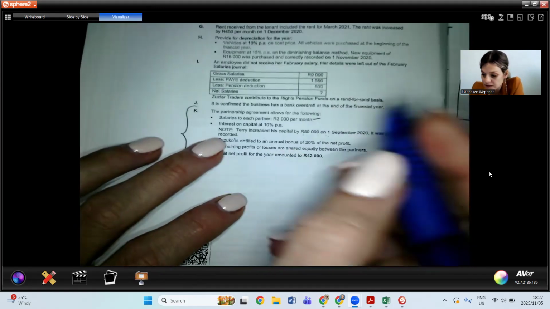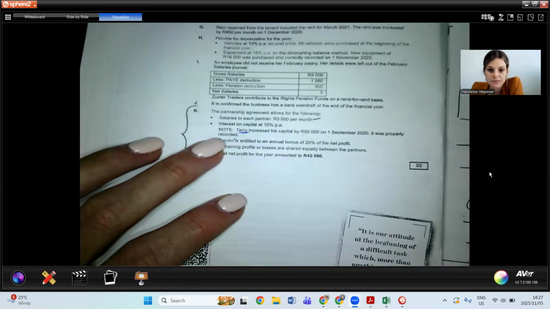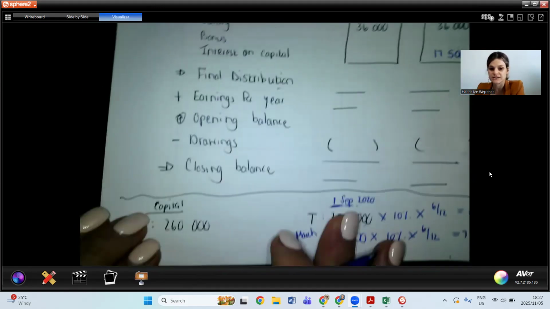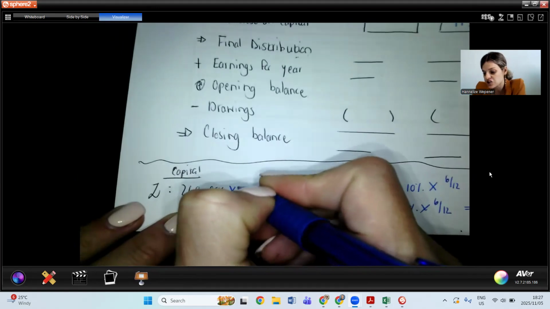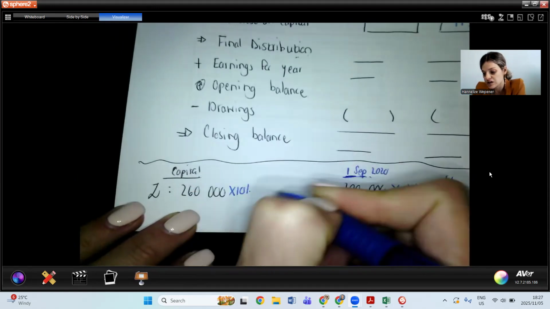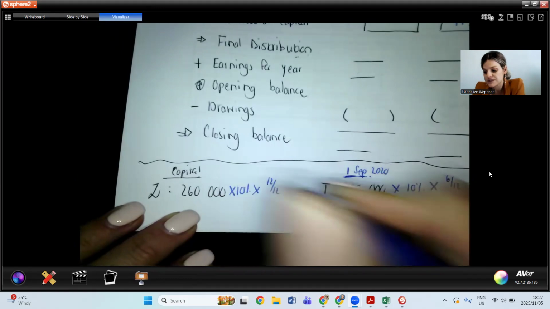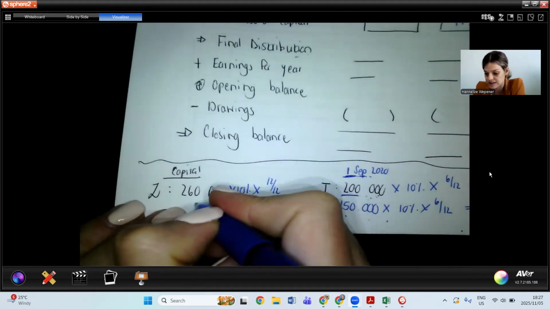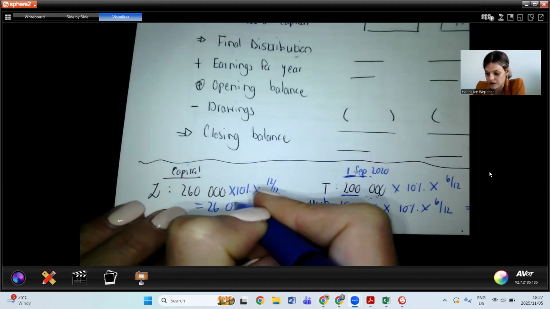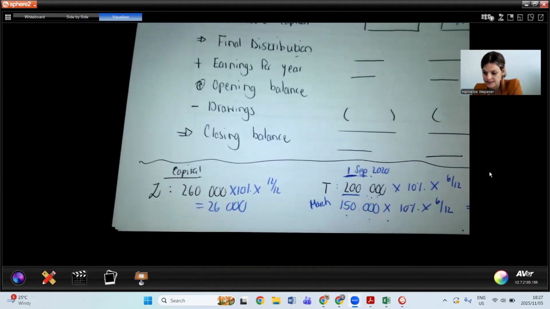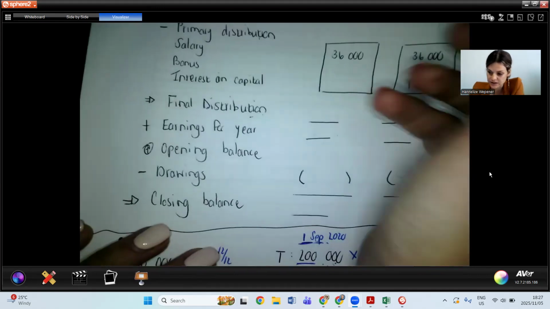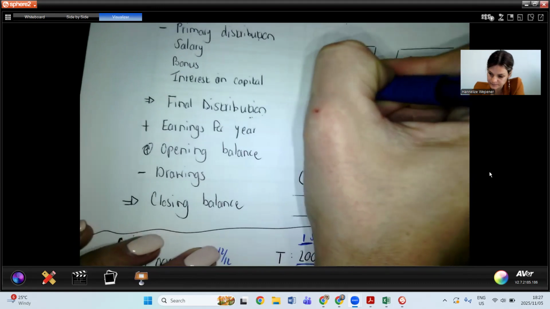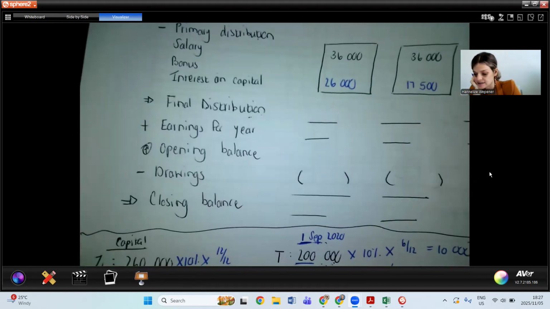Okay, then if we're looking at this interest one, they don't say anything about the other partner increasing or decreasing his capital. Therefore, it was only the one partner, which means that this partner's capital remained unchanged for the full financial year. So he earned his 10% interest on 260,000 for the full year. So that is 26,000. So interest on capital, 26,000.